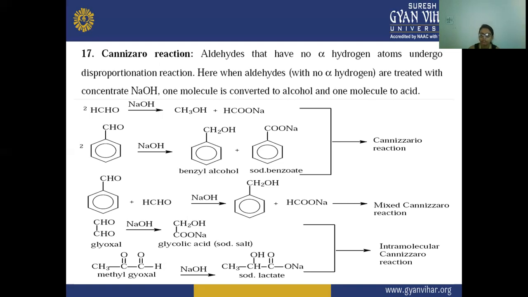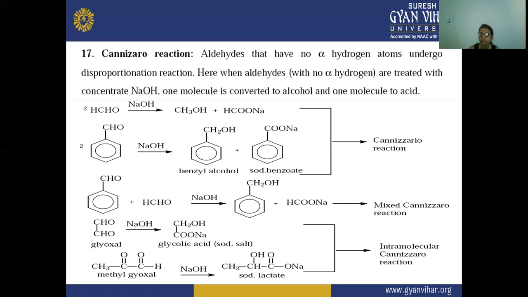Next is this aldehyde. This is your aryl aldehyde and this is the aliphatic. This aryl and aliphatic aldehyde will react in the presence of concentrated NaOH. Then one molecule formed is an alcohol and another molecule is an acid.